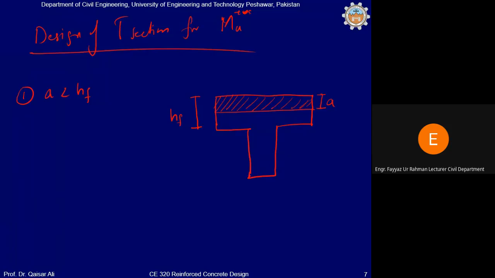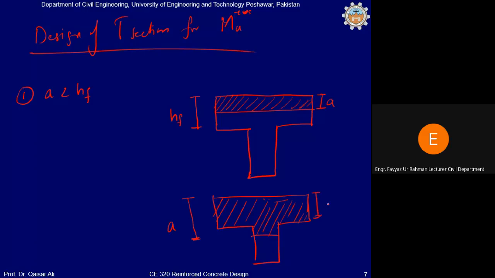And the depth of the compression block may be greater than HF, like for example, this is another case, case 2. This is depth of the compression block, and this is the thickness of slab.